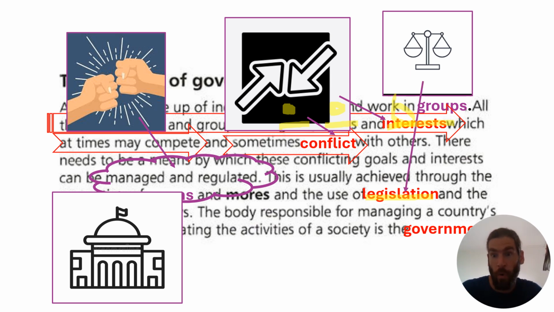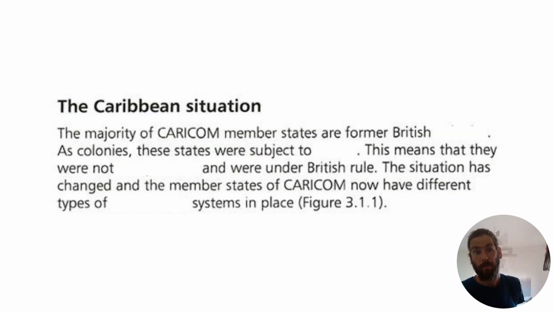This happens by norms, unwritten, but it also happens by legislation, and it also happens by the government who makes legislation, writes the official rules, and manages the conflicts and competing interests between their citizens. That is the government. Let's continue.